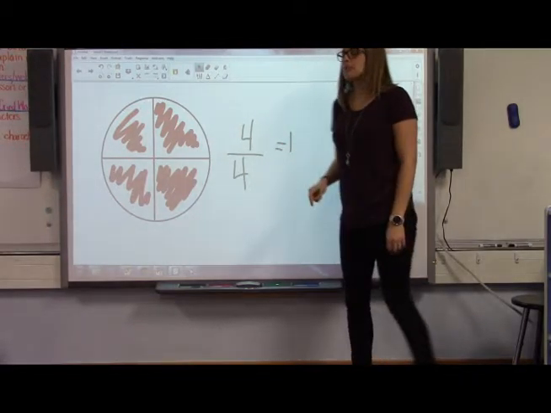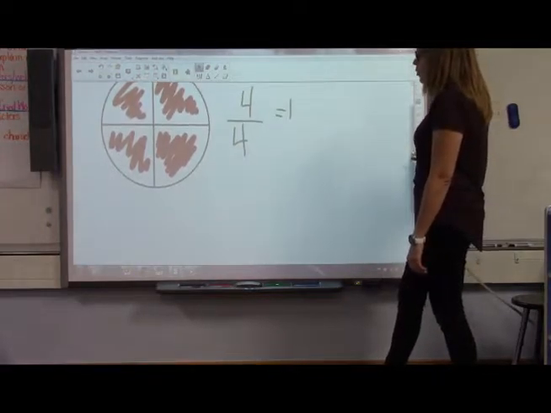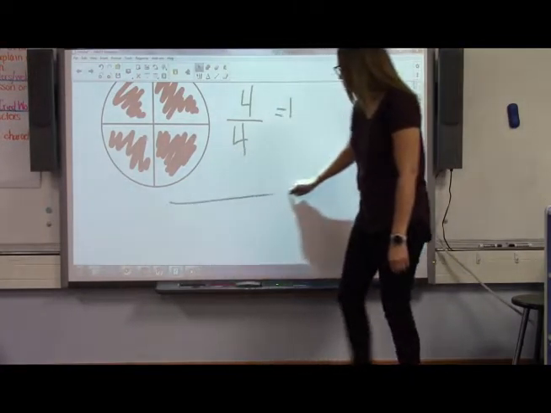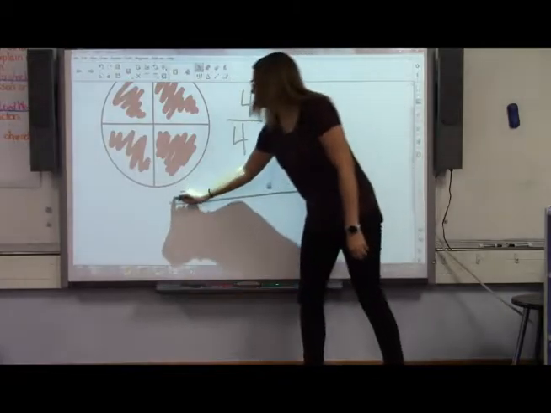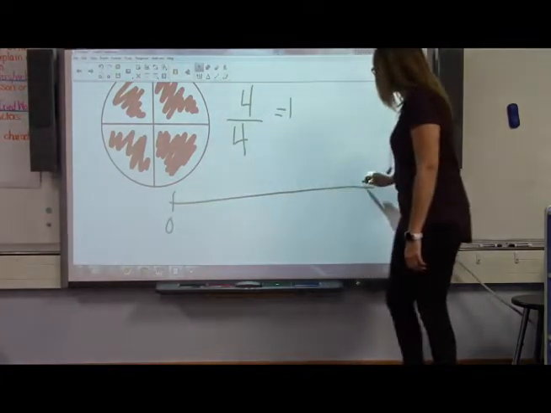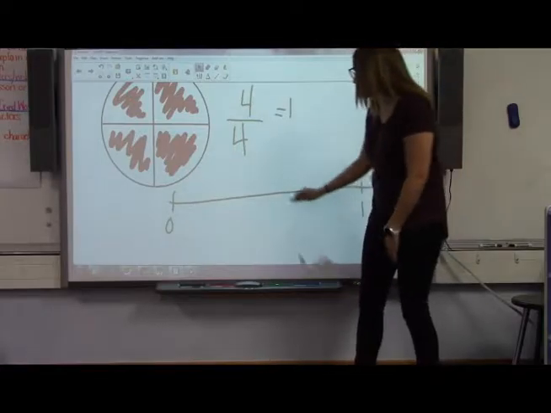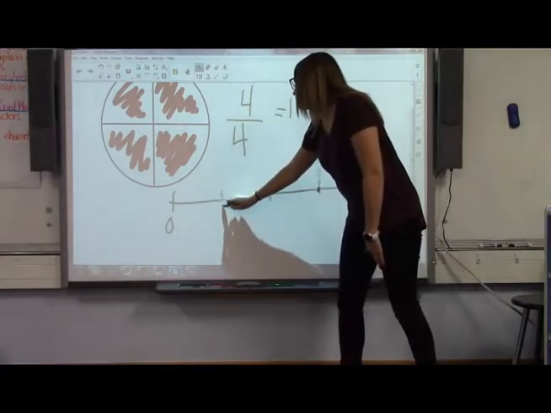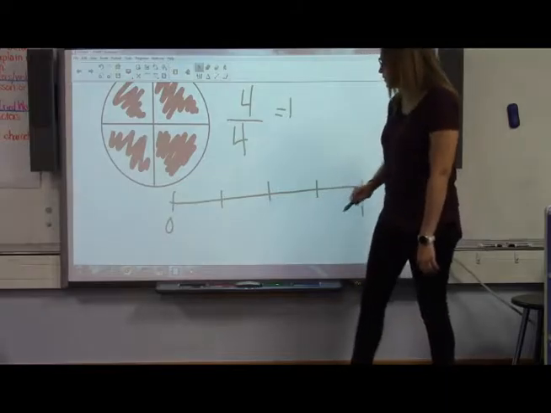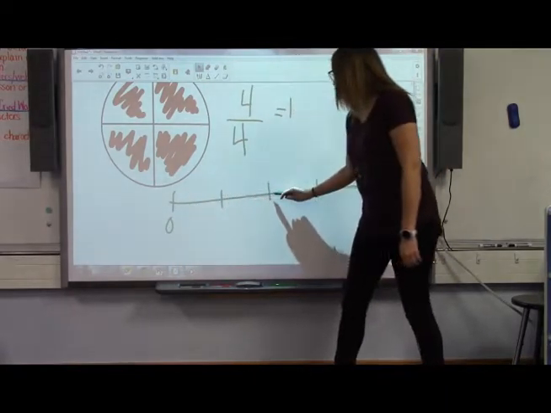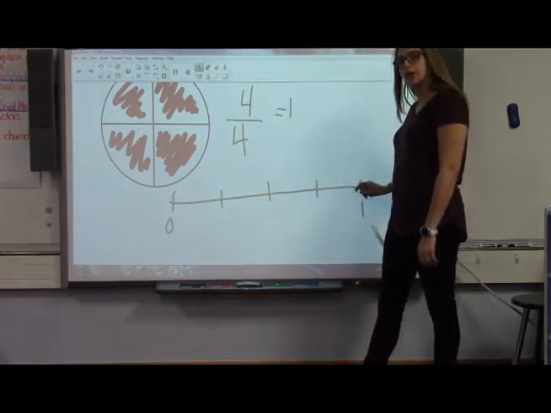How would that look on a number line? Well, we would take a number line and label it 0 to 1 and partition it into 4 equal parts. So I will split it in half again, and in half again. So I have 1, 2, 3, 4 intervals.